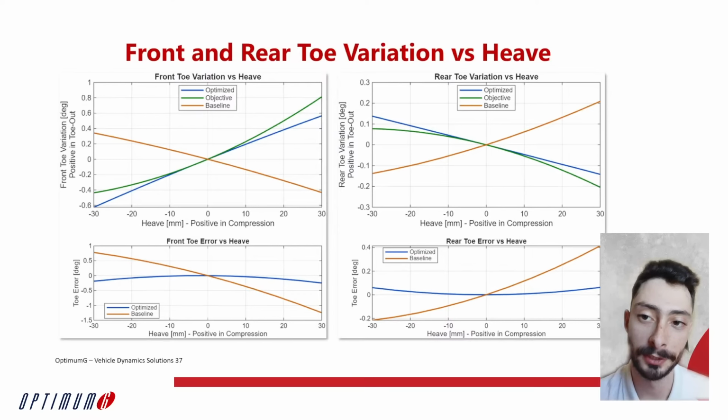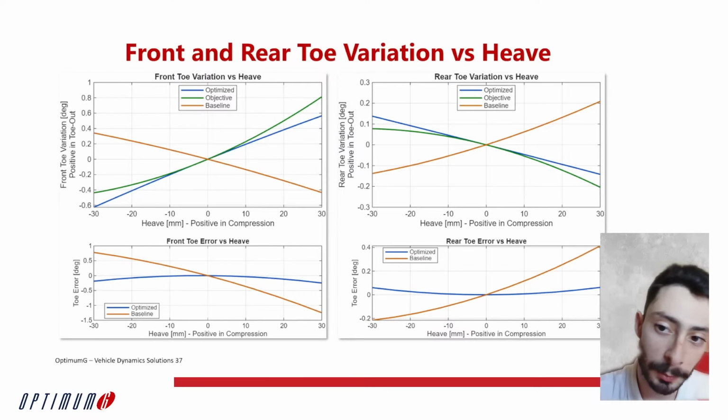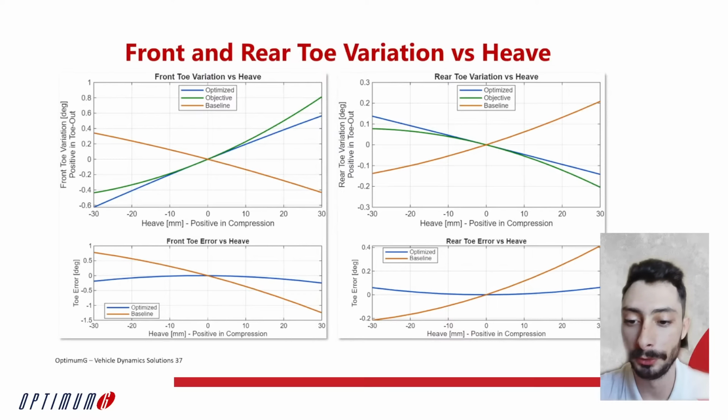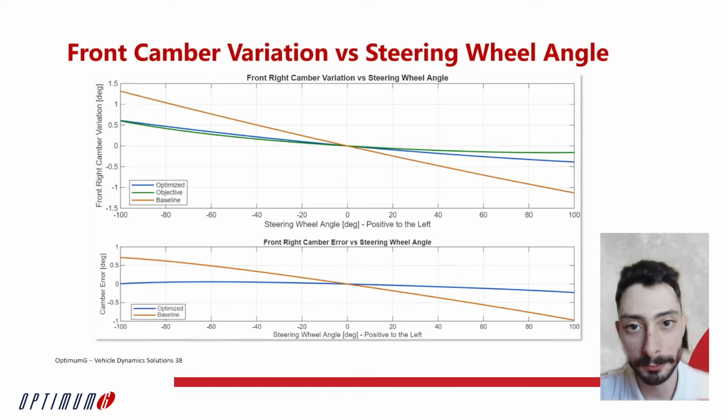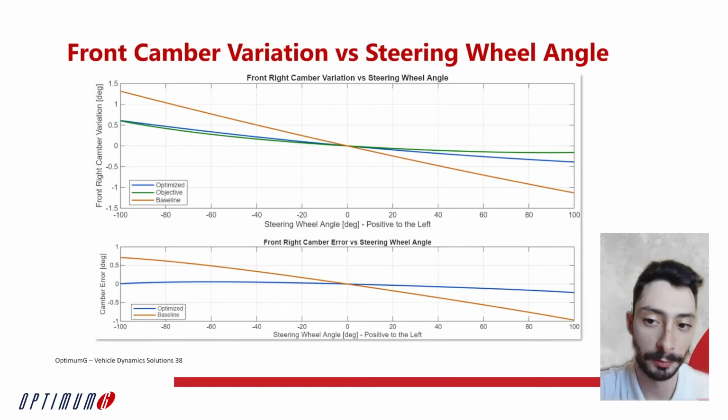And we can see that comparing the blue line, which is the output of OptimumKinematics, and the green line, which is the output of the skid pad optimization, the two are fairly close to each other. The error that we have in the bottom graphs is relatively low, and it's much closer to what we needed to have than the original suspension. We also have pretty much the same conclusions for the camber variation in steering.